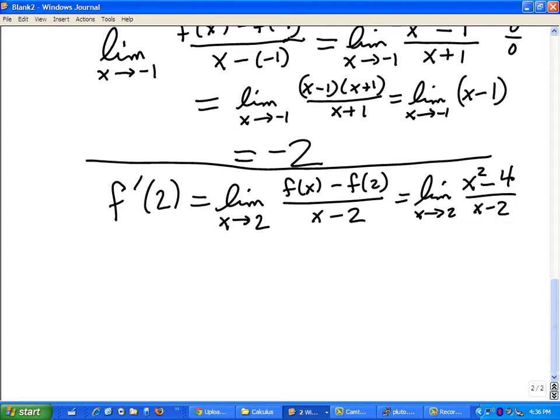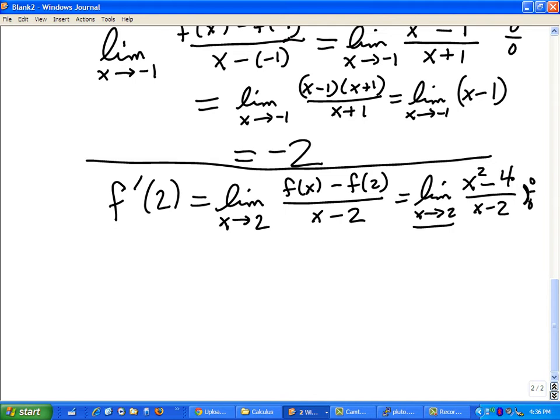Every time you take a derivative, the difference quotient, your delta y over delta x, is always going to be a 0 over 0 situation. If it's not, you did something wrong, because as x approaches a, your bottom is going to go to 0, and the top had better go to 0. If it doesn't, this function is just not going to have a derivative. It's going to be kind of like your cusp situation that we talked about a minute ago.